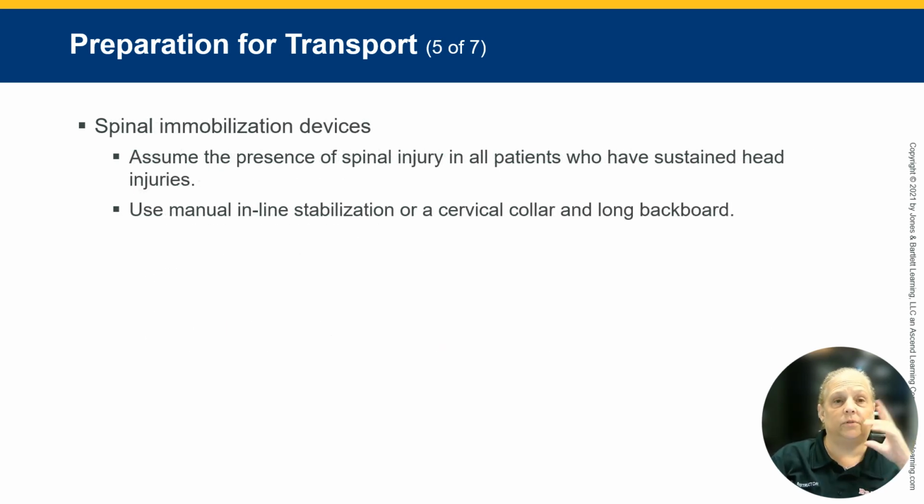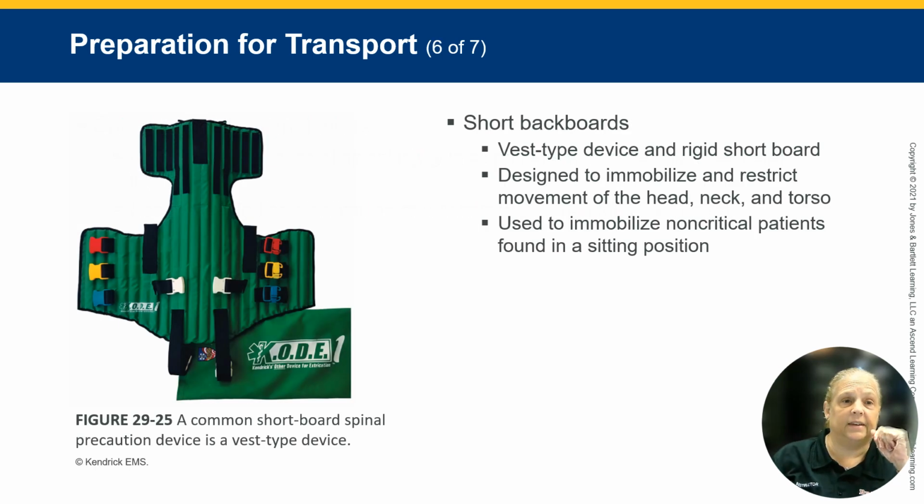Some of the devices we can use, in addition to our short spine board, our long board, our C-collar, is this next one down here. That is a KED, or a short backboard they call it.